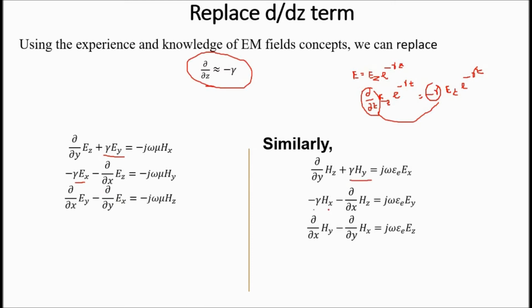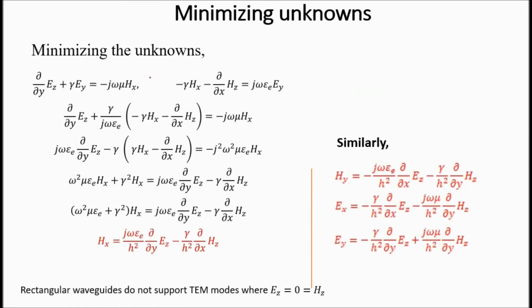The left side is shown in terms of the E field and the right hand side is in terms of the magnetic field. Now we can minimize the number of unknown quantities. For example, we obtained the expression partial Ez over partial y plus gamma Ey is equal to negative j omega mu Hx, and also negative gamma Hx minus partial Hz over partial x equal to j omega epsilon Ey.